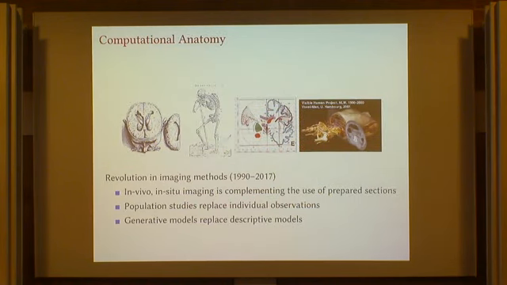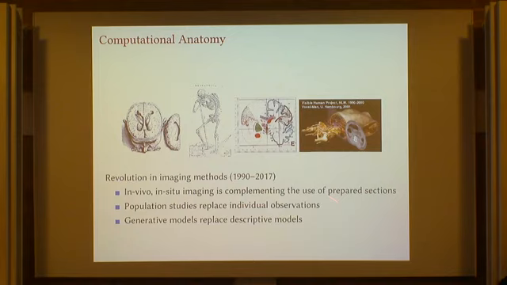So computational anatomy really started around the 90s. And basically where it comes from is the fact that since the 1990s, we have a lot more images at our disposal. We have MRI, we have computer tomography, and we can take images of patients. We don't have to rely on anatomically prepared sections.